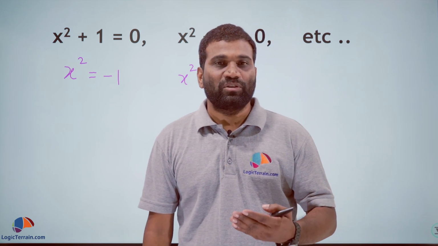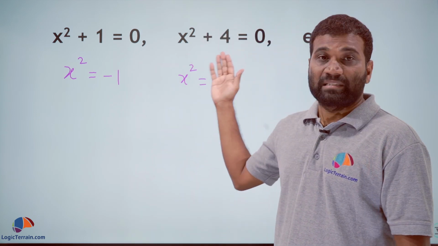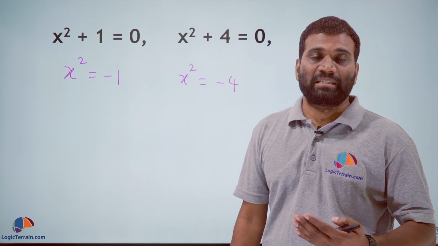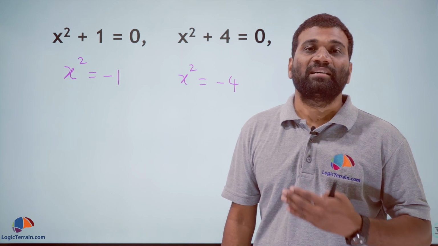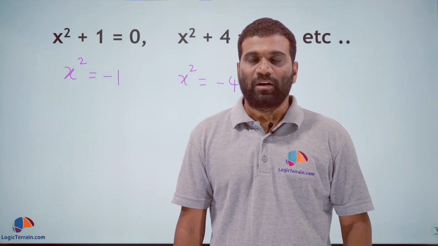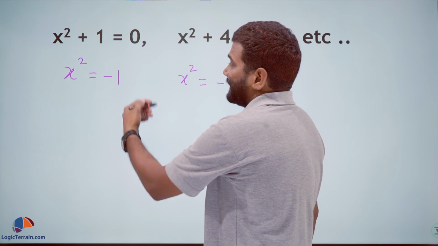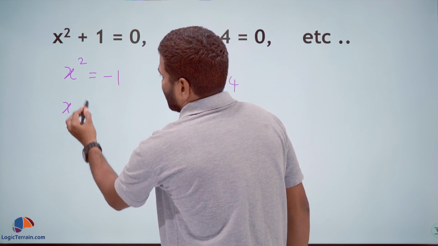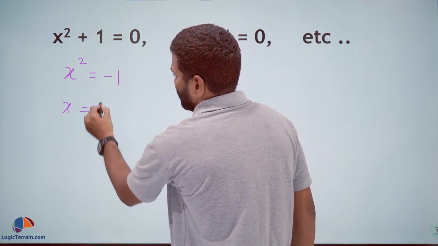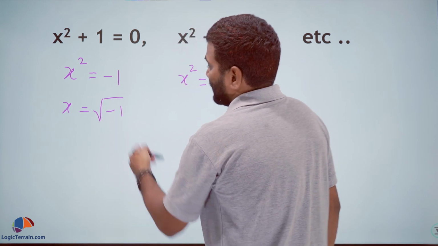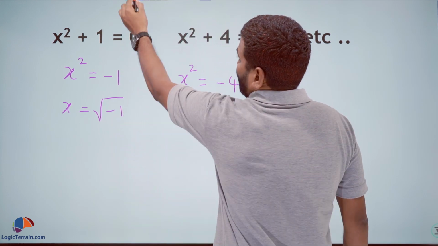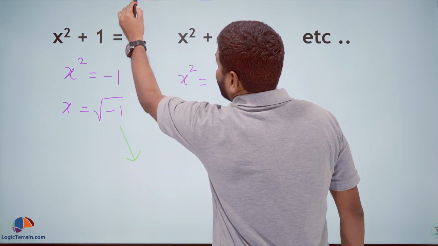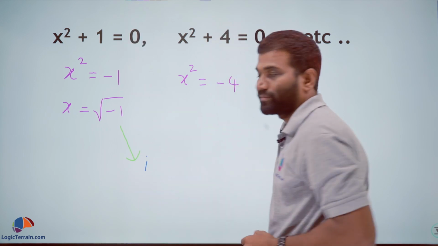In order to find solutions of such equations, we have to extend our number system to a larger system called complex numbers. Now, let us rewrite this. x square comes to this side, it becomes x equals square root of negative 1. Let us denote the square root of negative 1 with i.